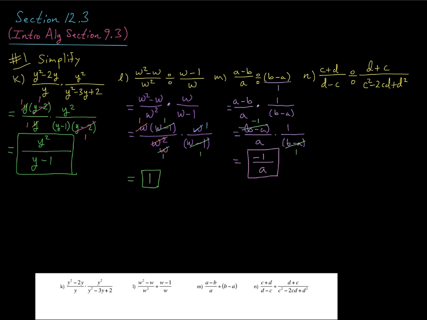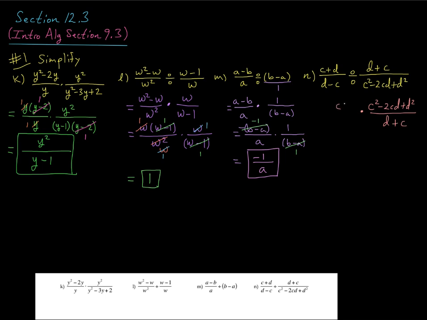All right, and then for n here, we have (c plus d) divided by (d minus c) divided by (d plus c) all over (c squared minus 2cd plus d squared). So again, it's a division problem, so I'll start by multiplying by the reciprocal of what I'm dividing by.